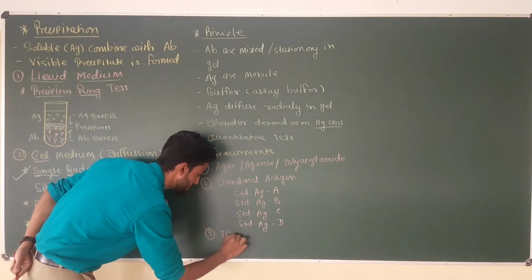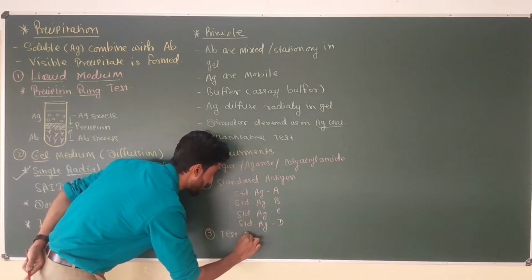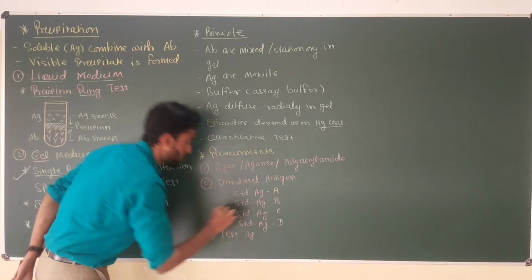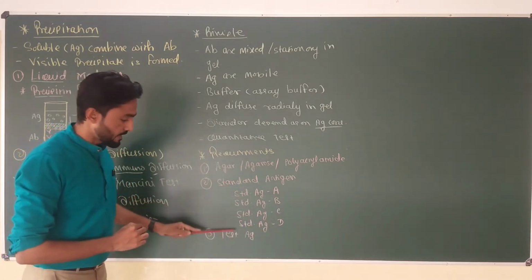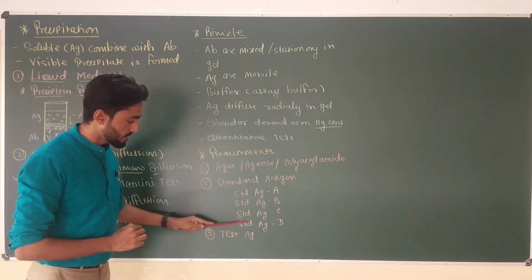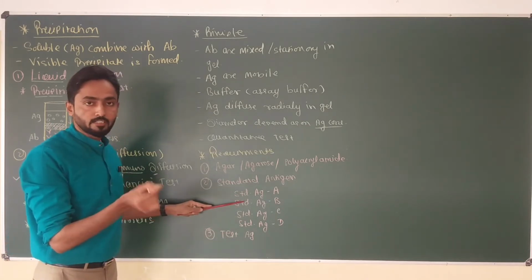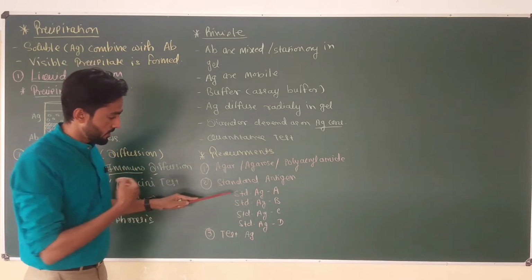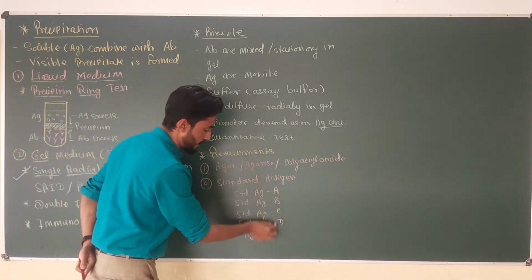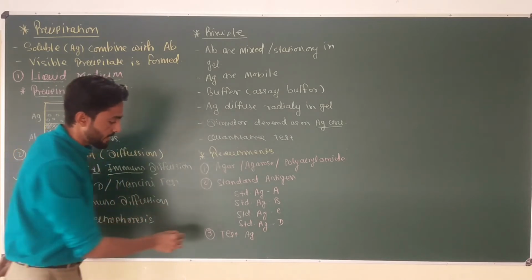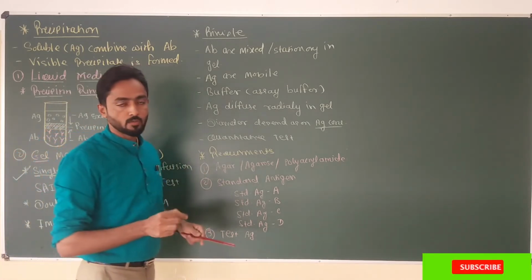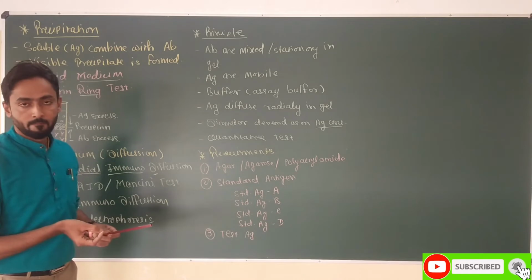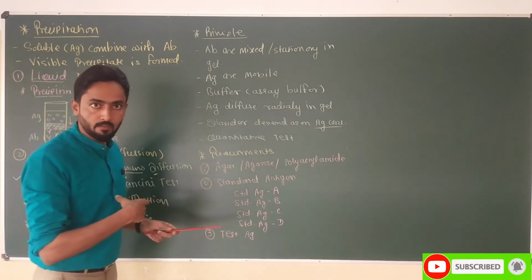The third requirement is test antigen. What is the difference between standard antigen and test antigen? Standard antigens are those whose concentration is known before performing the assay, so we should know their concentration. The test antigen is the type of antigen whose concentration is unknown before performing the experiment.